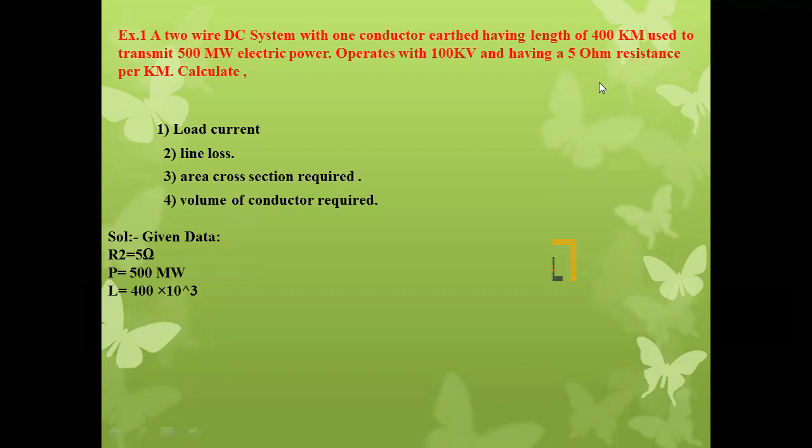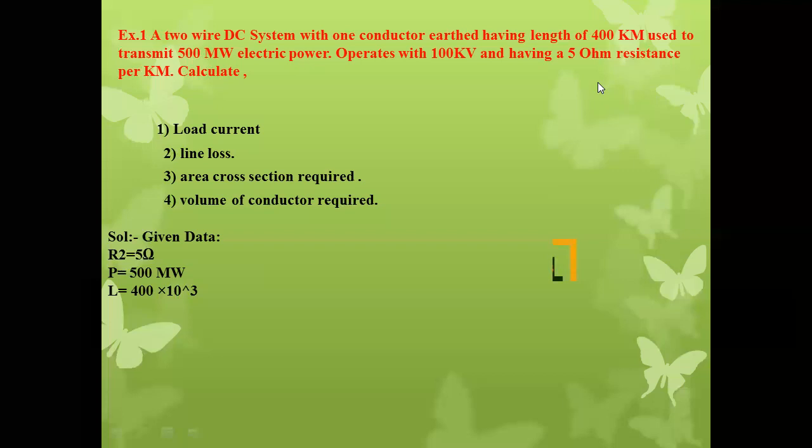We have to convert the units first. The terminal voltage is 100 kilovolt, which should be converted into volt by multiplying with 10 raised to power 3. Then only can we get the load current in ampere. We have to first convert the higher units into their base units, like power into watt and voltage into volt, not kilovolt or megawatt.